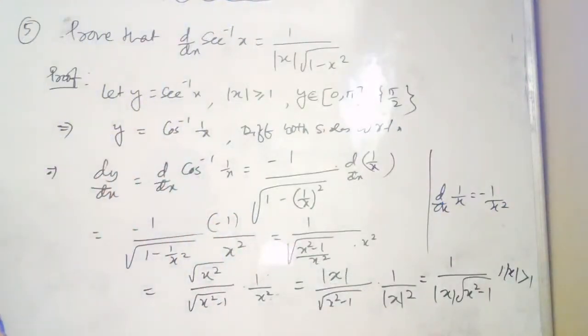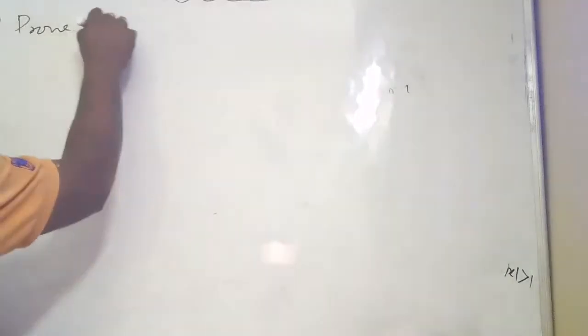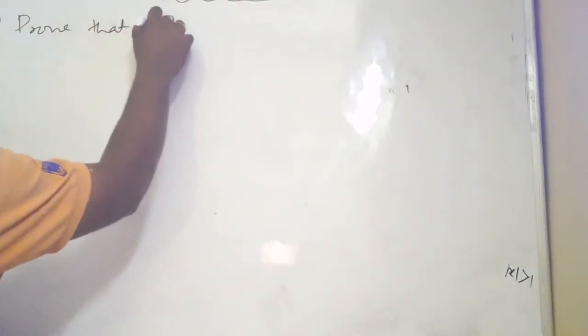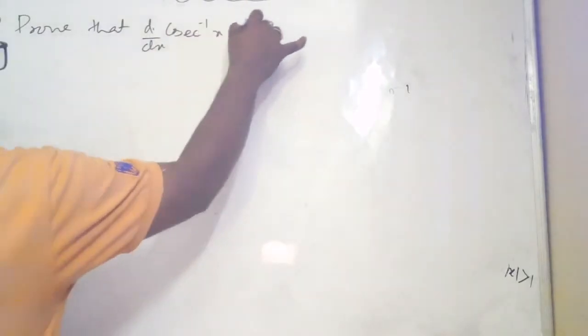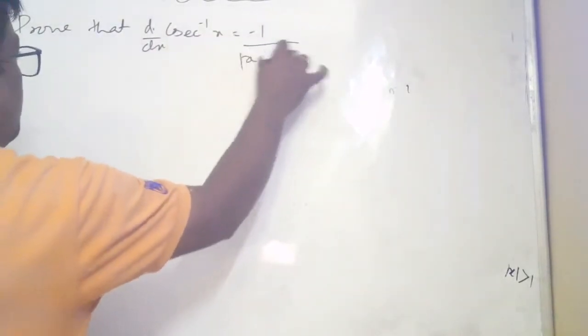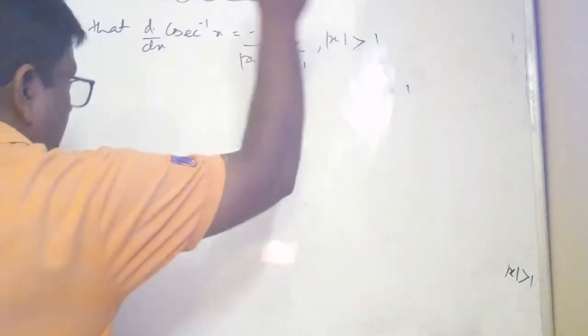Similarly, the last proof, derivative of cosec inverse x. Prove that, proof number 6, that d by dx of cosec inverse x is equal to minus 1 by mod x root over x square minus 1, mod x greater than 1.